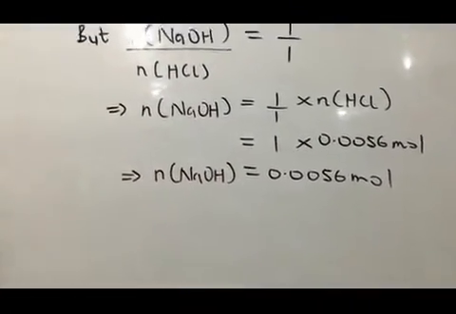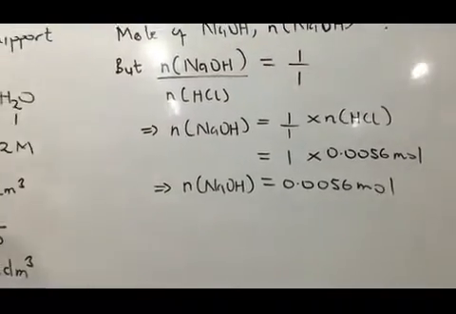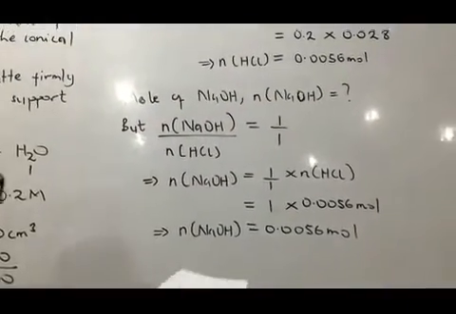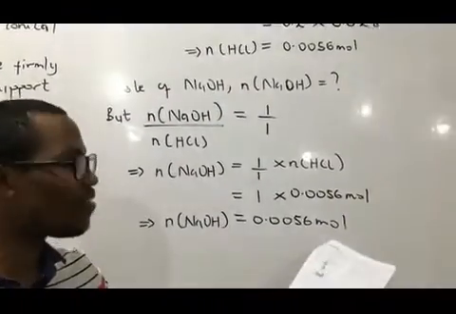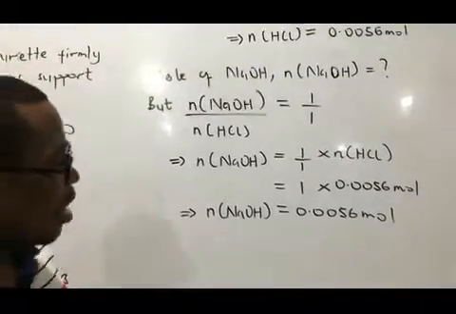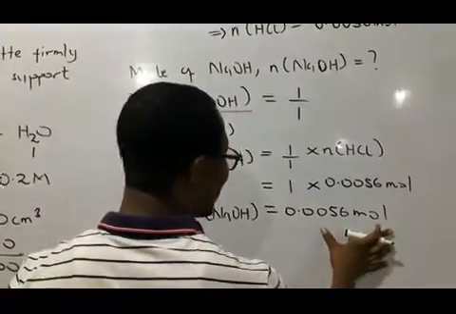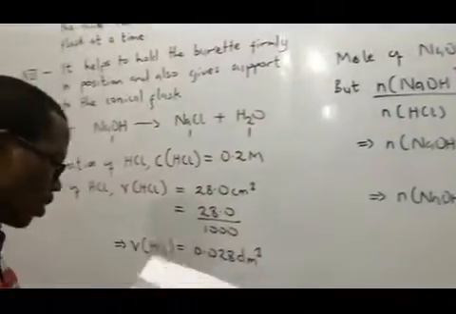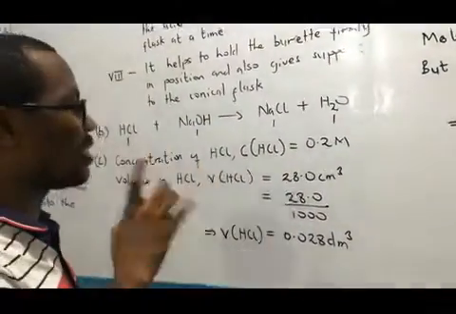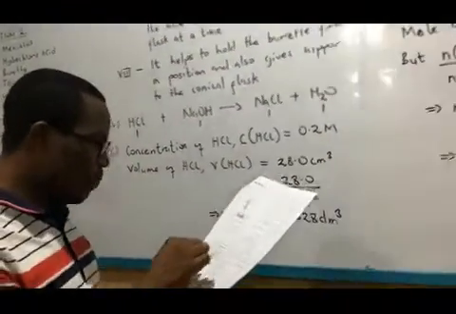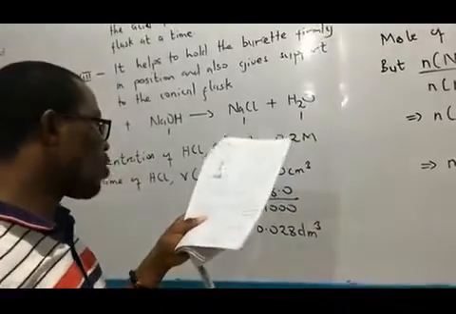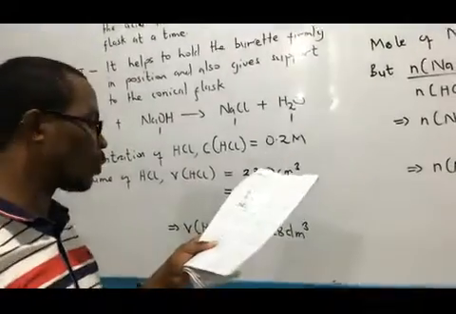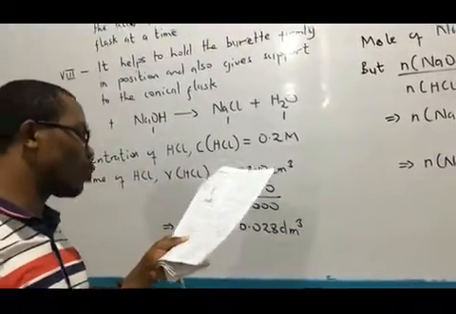Okay. Now, some of you may be tempted to think that this is the final answer. But if this is your final answer, then you are wrong. The question asks for the moles of sodium hydroxide in 100 cm³ of the sodium hydroxide solution.